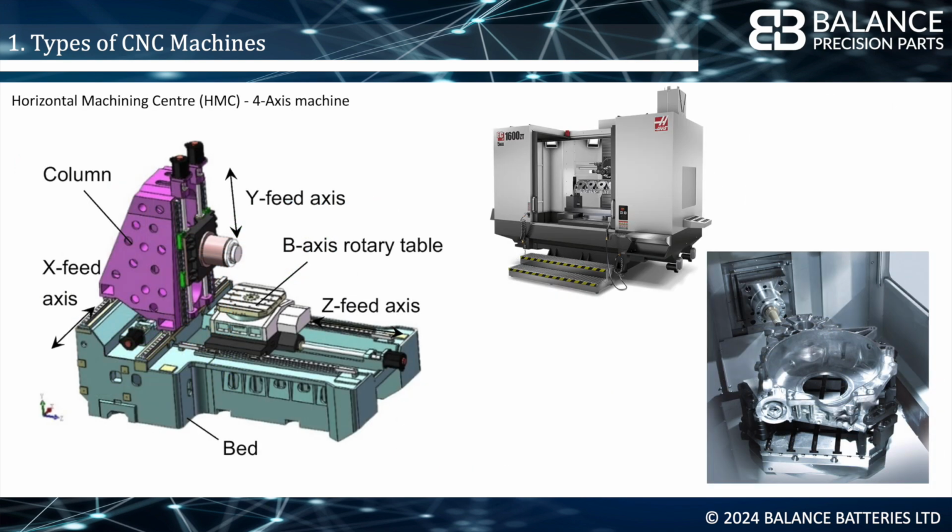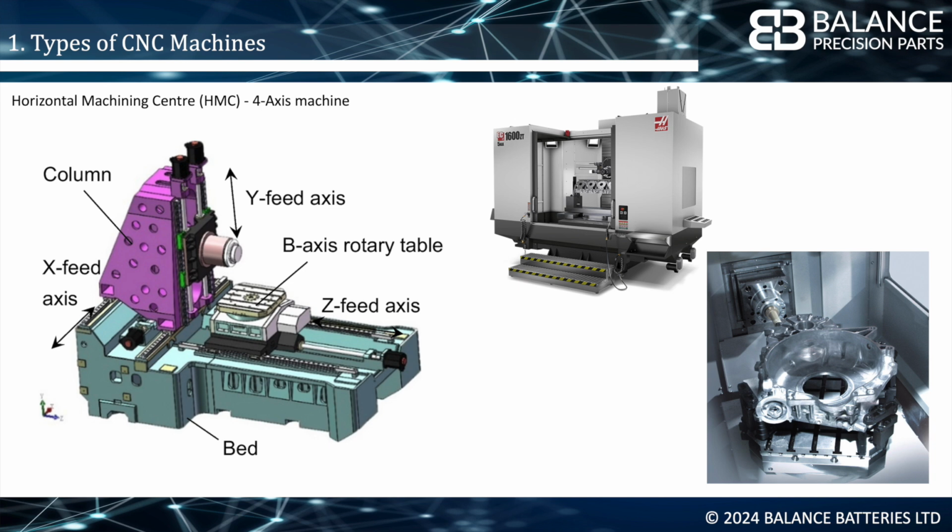On this slide, we can see a horizontal machining centre. You can see that the electric motor is mounted horizontally, and the X, Y and Z axes of movement are preserved. However, there is an additional 4th axis, described here as a B axis, which turns the rotary table. This machine works well for parts that have a machined surface around the outside, or require pockets, holes and drillings at different angles around the outside.